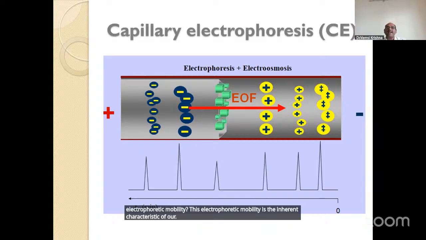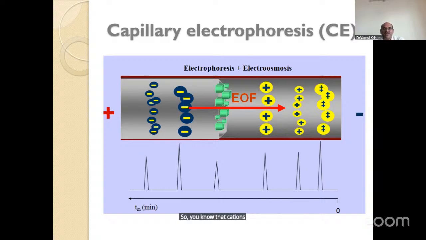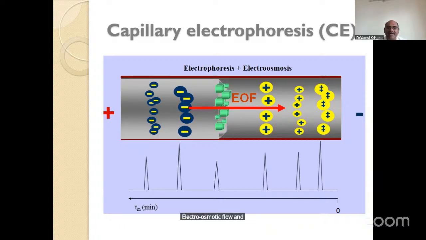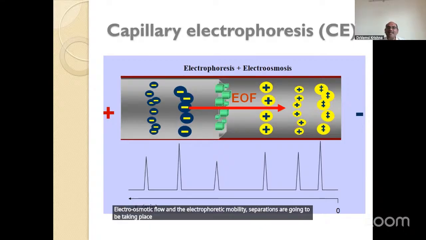You know that cations will move towards the cathode and anions will move towards the anode. This is the inherent capability of the ions. Based upon these two principles, electroosmotic flow and electrophoretic mobility, separations take place in capillary electrophoresis, and then we observe the peaks in the slide.